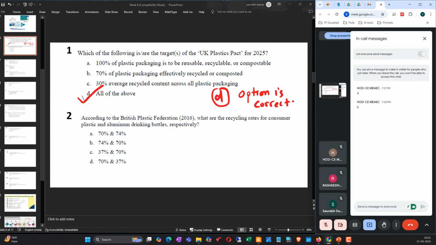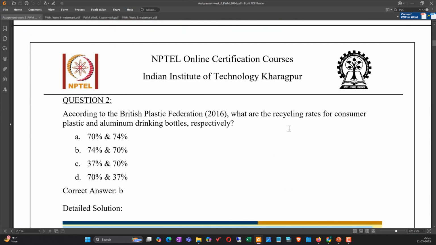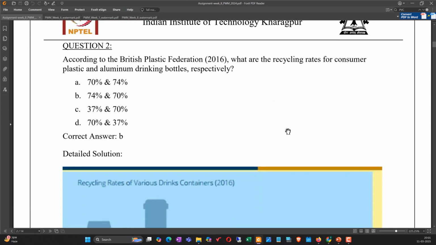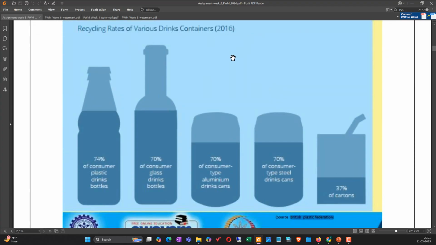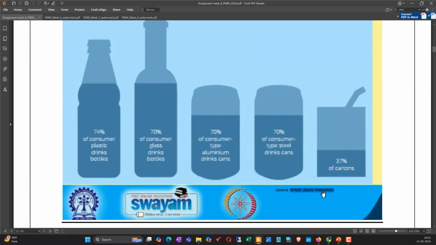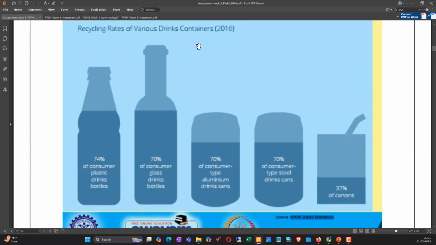So let's see if this is right or wrong. Let me just project this. So the answer to the second question is B. You are right, and the solution for that is this one. This is given by the British Plastic Federation, where the different recycling rates for drinks containers have been given as shown here.